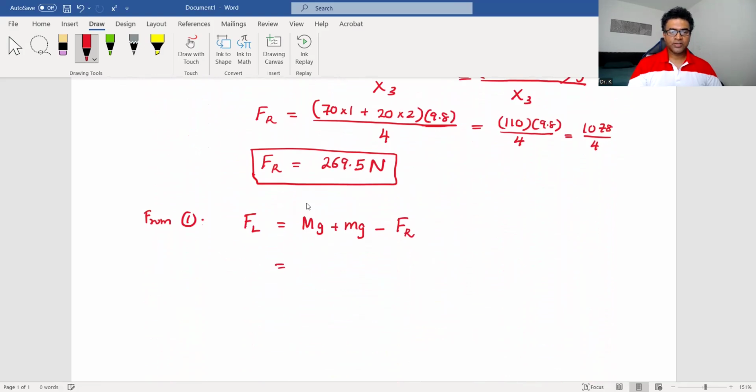And if you like, you can further simplify. You can pull out that g term, minus f of r, and then go ahead and substitute.